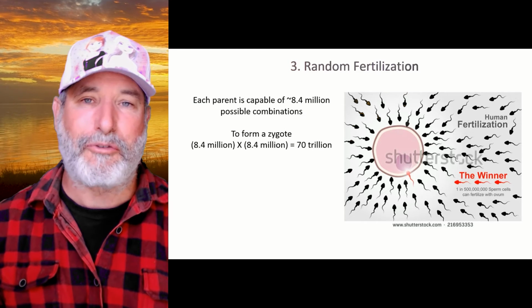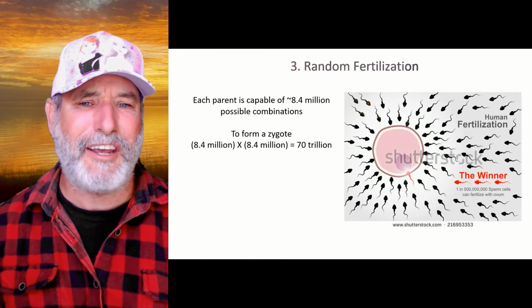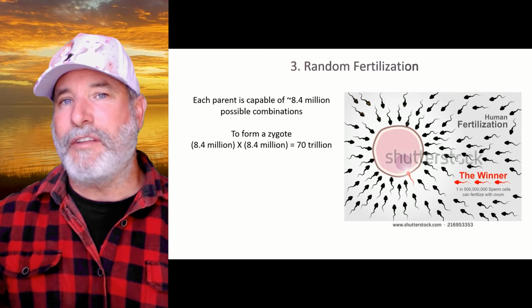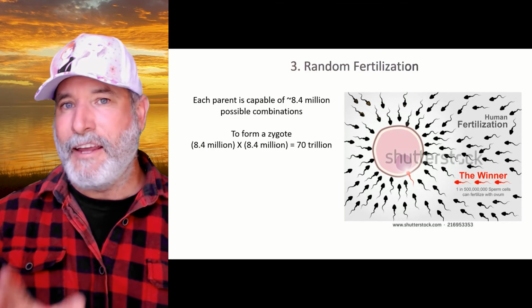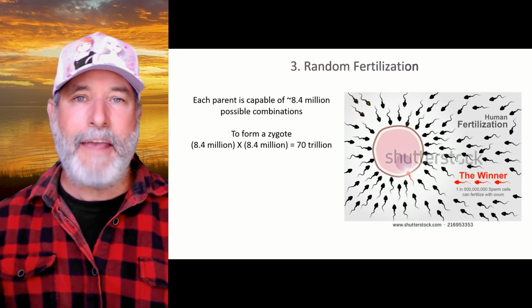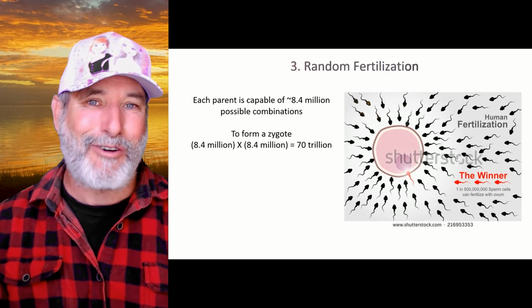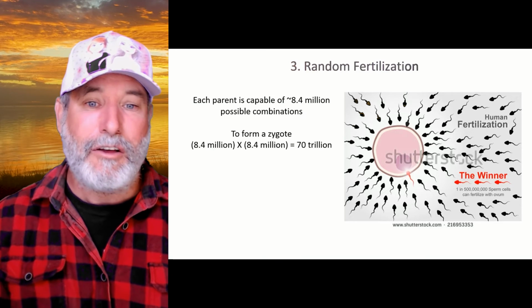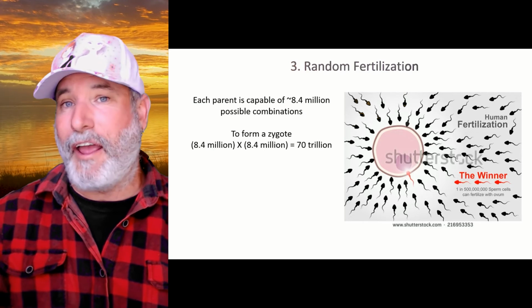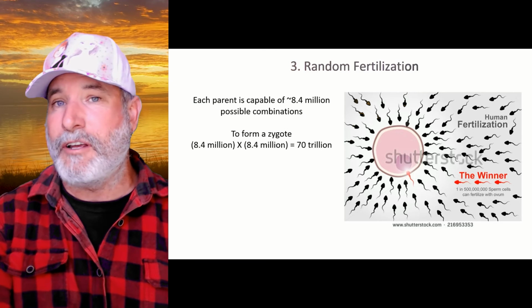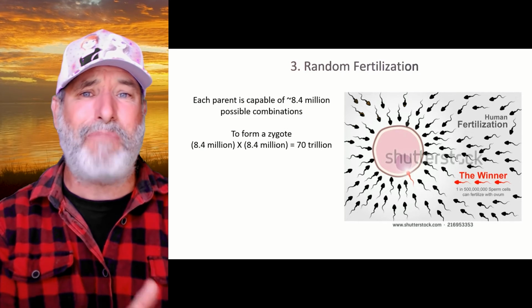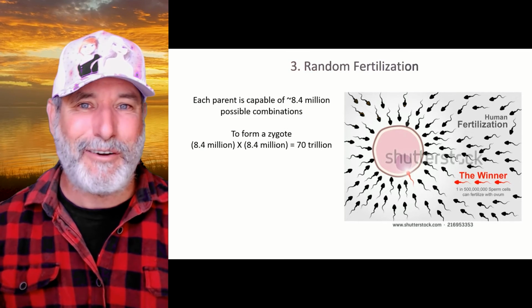Now, number 3, random fertilization. So think about this. You've got 2 parents. Each one of them has about 8.4 million potential combinations of chromosomes in each gamete. So to form a zygote, you multiply 8.4 million times 8.4 million, and you have 70 trillion possible combinations. I know, isn't that crazy?